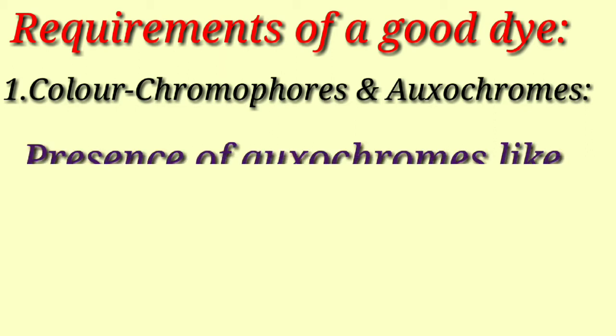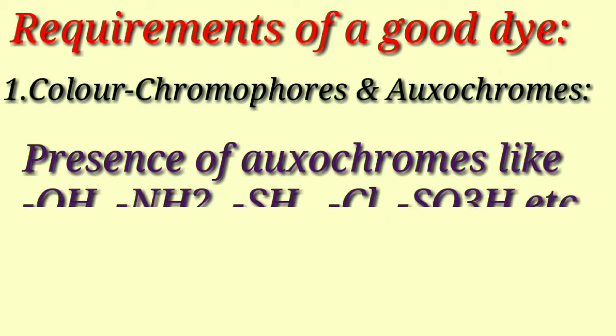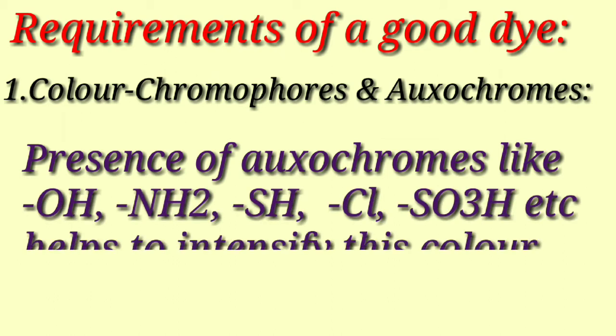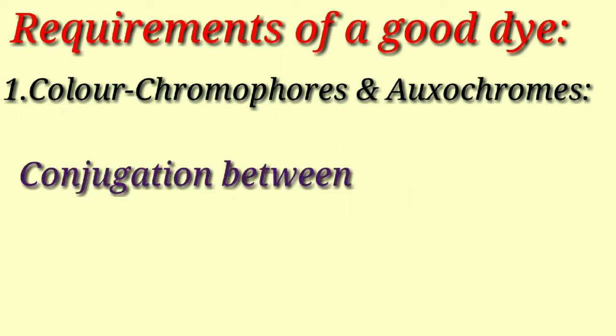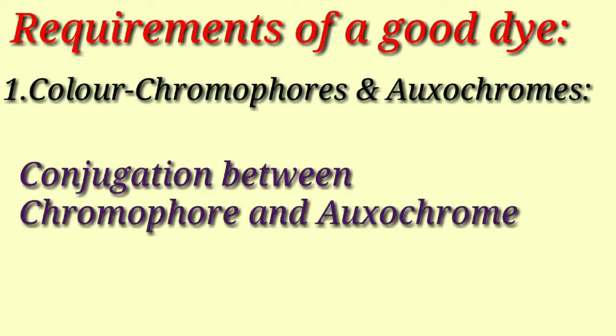The presence of oxochromes like hydroxyl OH, amino NH2 group, SH mercapto group, Cl chloro group, SO3H sulfonic acid groups, etc. helps to intensify this color. Hence, the requirement for a dye is conjugation between chromophore and oxochrome.